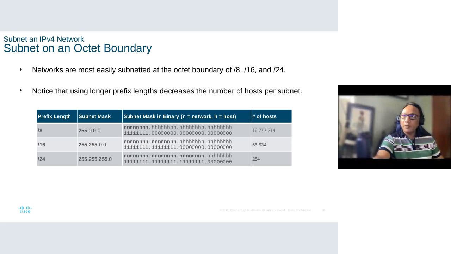When you say octet boundary, we are subnetting the network into the boundary of the octets that binds the IP addresses. Each octet corresponds to 8 bits, and subnetting requires us to borrow or compute for the network addresses and the host addresses to be able to create a subnet.